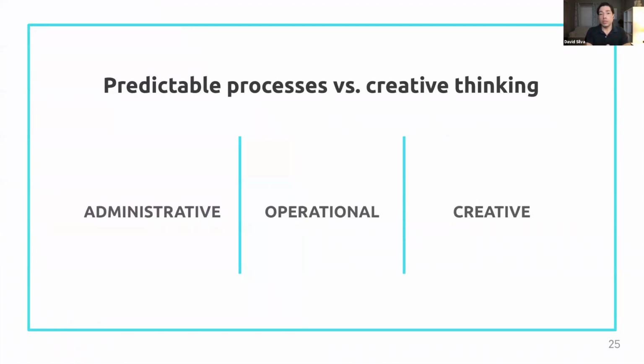The reason is that predictable processes are very different from creative thinking. The people that work in administration and operations typically follow a tried and proven procedure, and that involves a lot of repetition. They're always doing kind of the same stuff. But for the creative people, the designers, it's always different, and it requires bouncing ideas off each other.